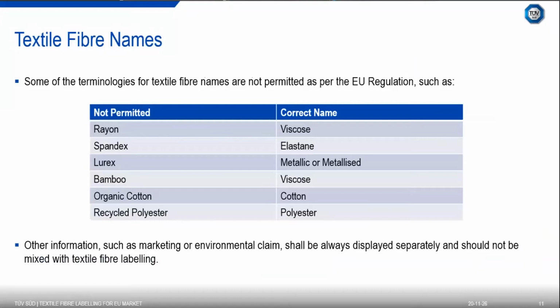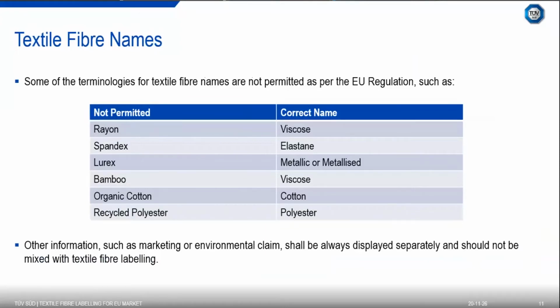Lurex is not a generic name permitted in the EU regulation. Instead, you have to use metallic or metallized fiber or yarn. We have often noticed that people use bamboo, like bamboo bed sheets, bamboo terry towels, but bamboo is not a fiber name.